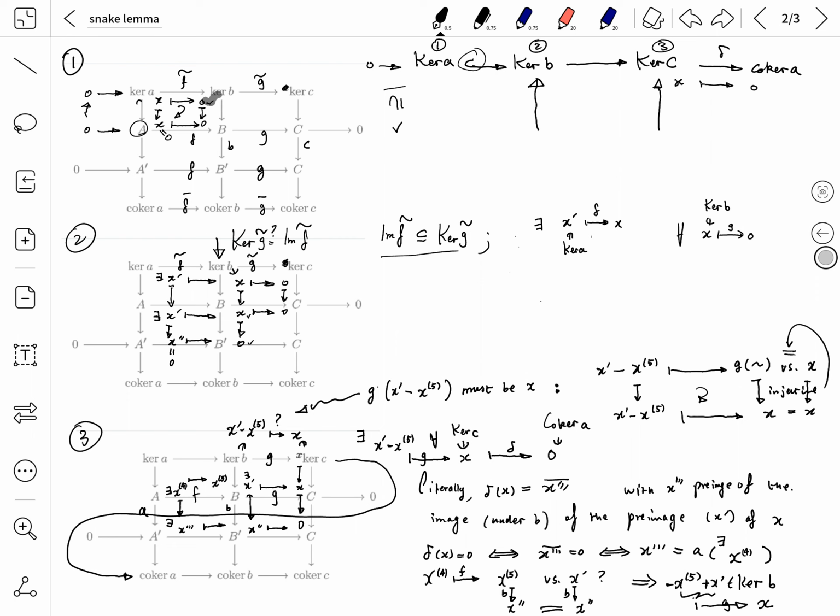And so if you look at this level, you know that because this x is mapped to 0 and this is a surjective map, a short exact sequence, there exists x prime that is mapped to this x.